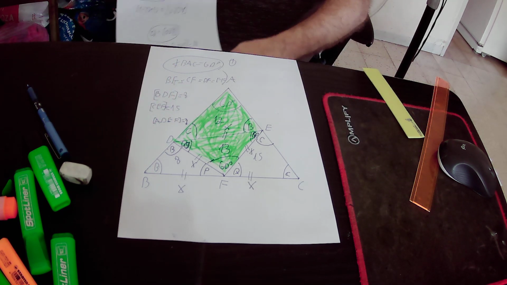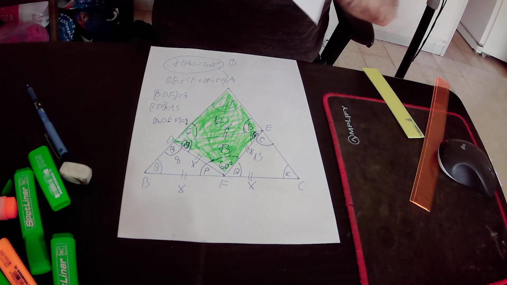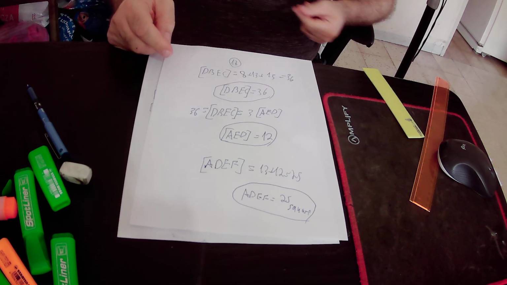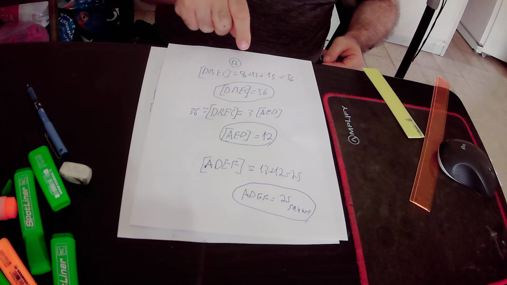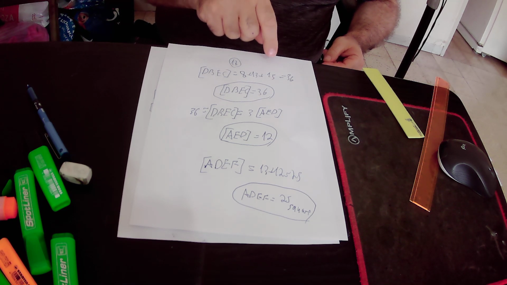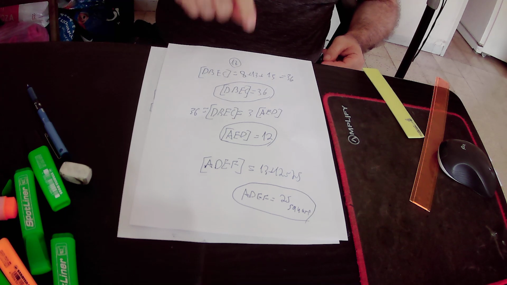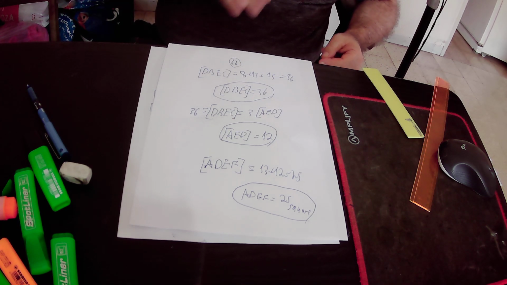Okay, so the area of quadrilateral DBEC equals 8 plus 13 plus 15, that is 36. The area of quadrilateral DBEC equals 36 square units.